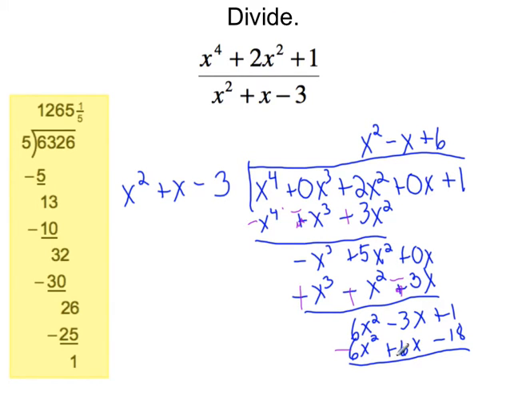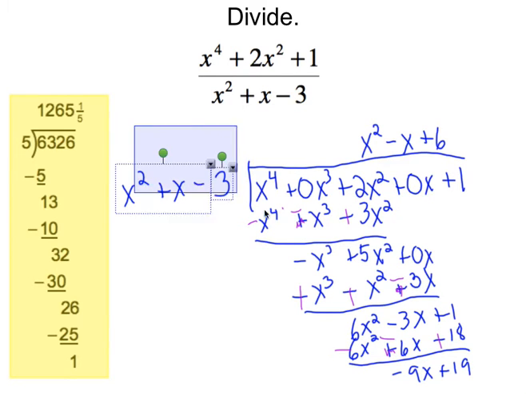This is now minus, this is also minus, and this is plus. And now we'll add straight down. The 6x squareds go away. I'm left with minus 9x plus 19, and that's our remainder. And I'm going to make all this a little bit smaller because I now have run out of room.